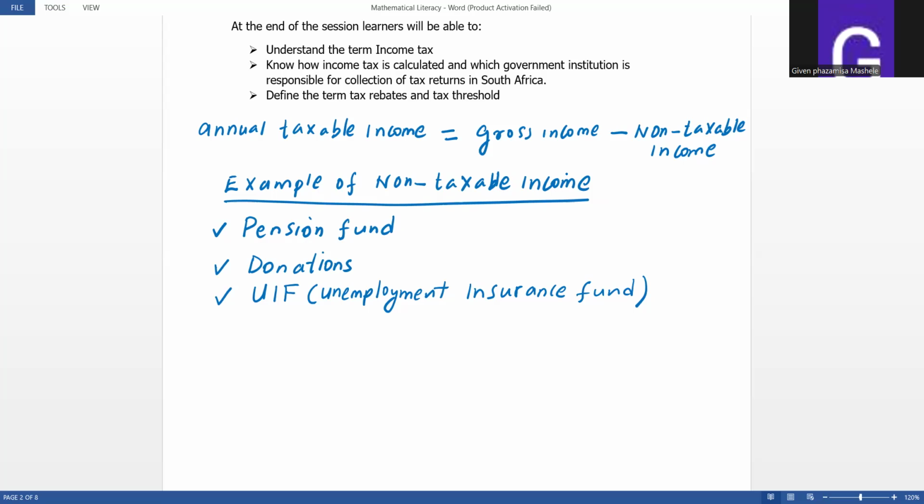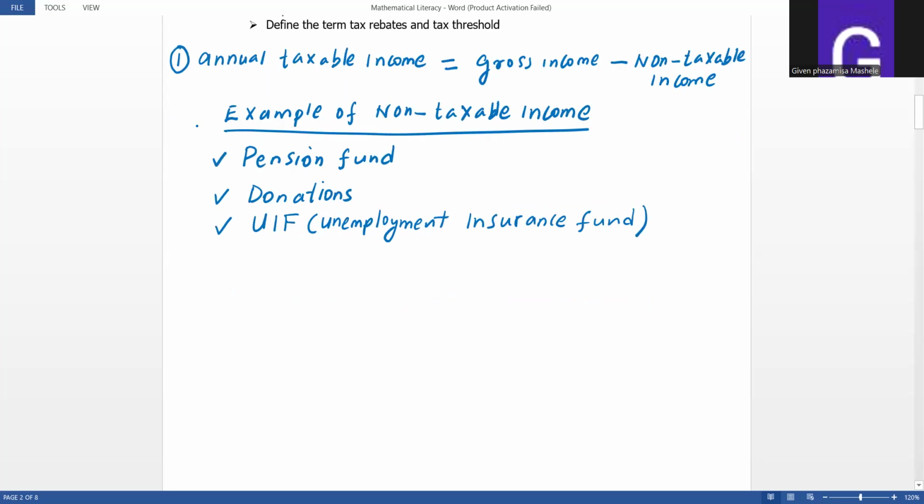Then once we have the annual taxable income, number two, we need to also check whether the person with the annual taxable income qualifies to pay tax or not.